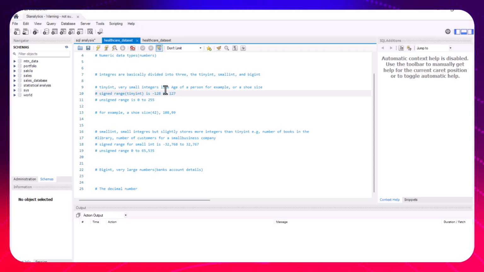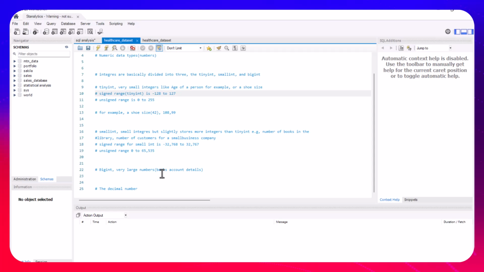But if our data exceeds this range, for example, let's say our customer bought 128 goods. Well, it's still within the range of this.